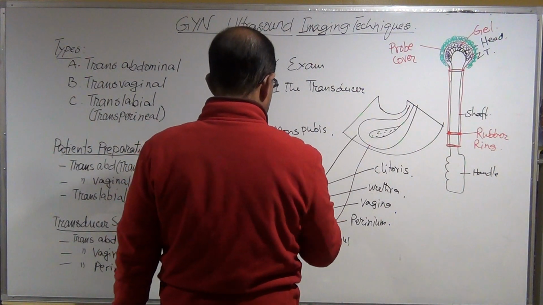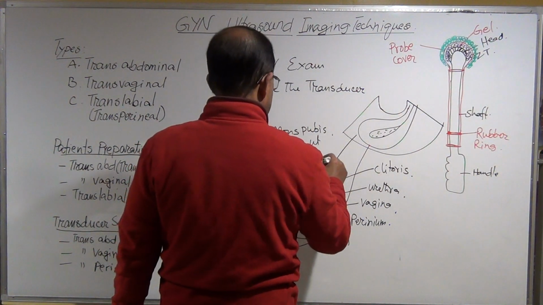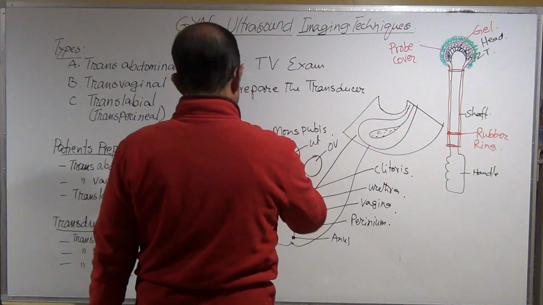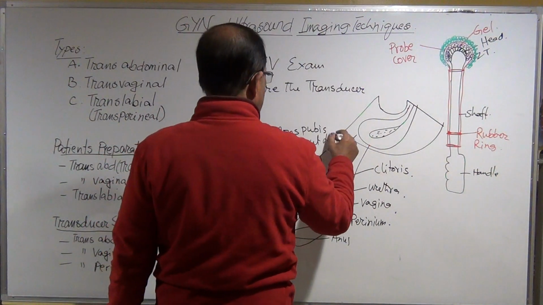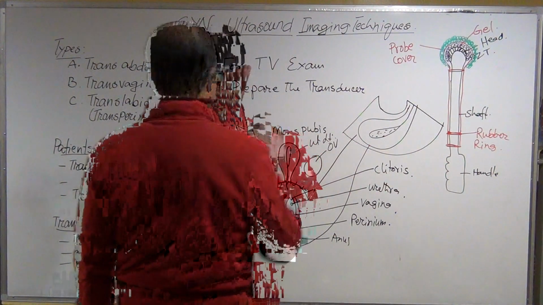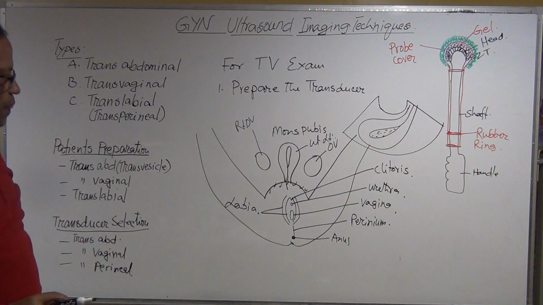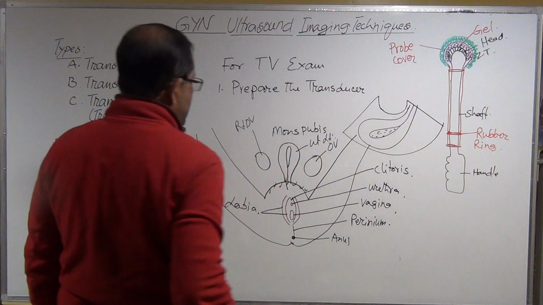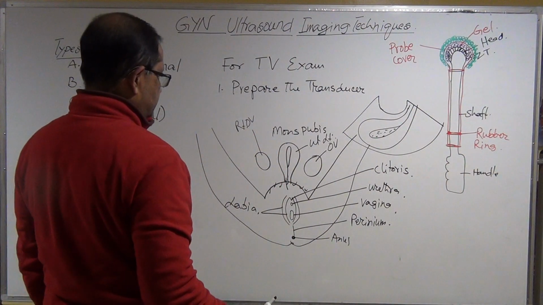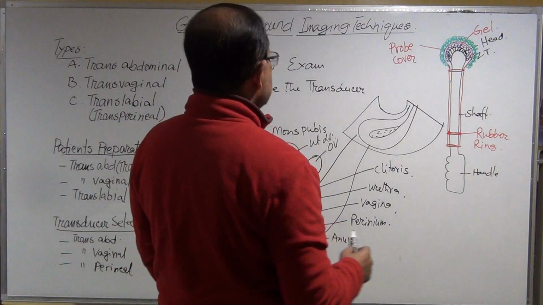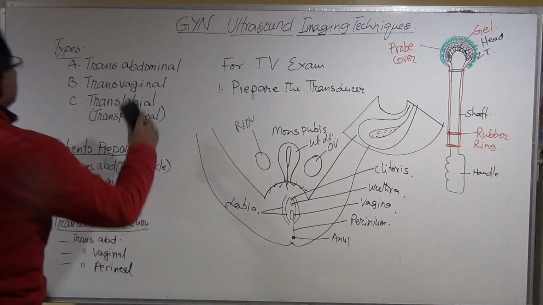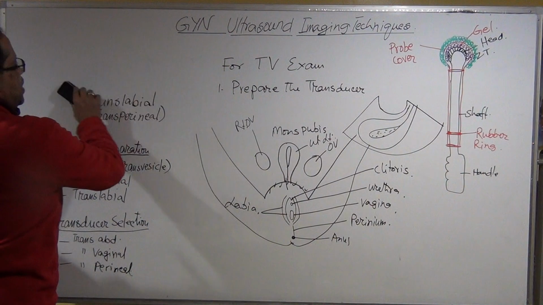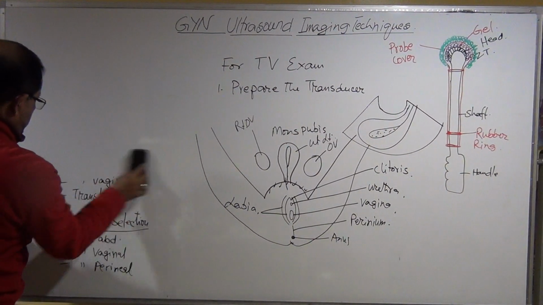So this is the uterus and these are the ovaries. This is the right ovary and this is the left ovary. The handle is inside. Okay, and the uterus, let me draw it here. Now I get more space.